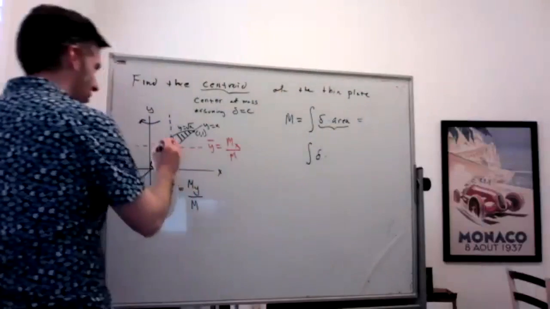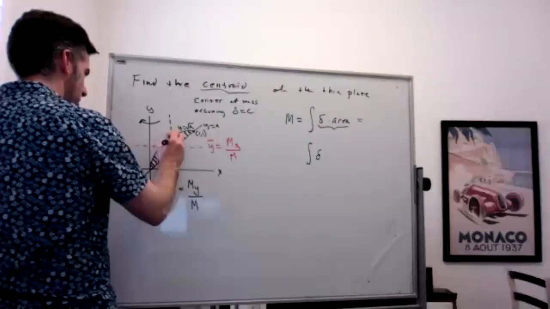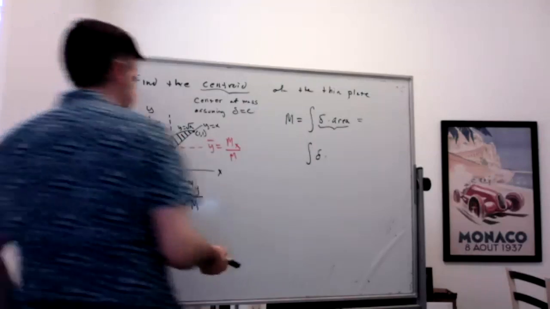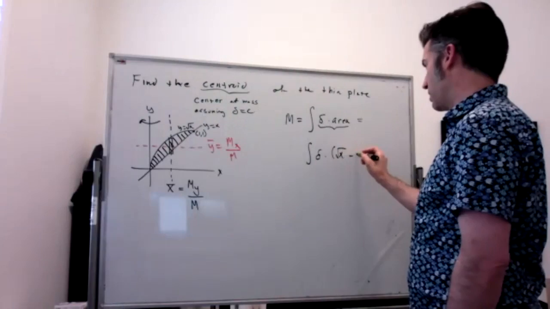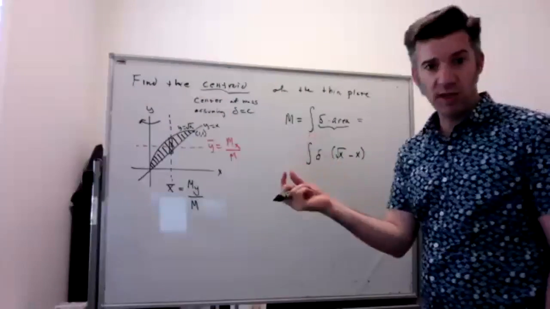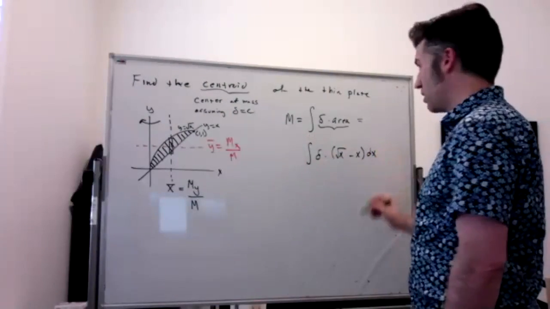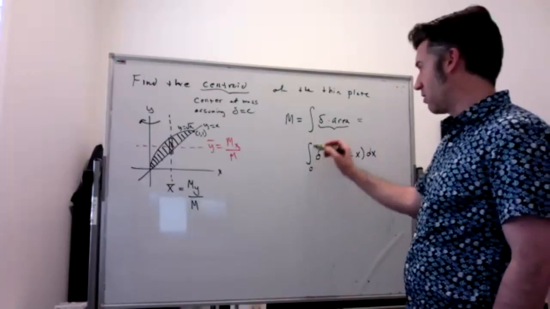If I use a vertical strip, the area of that strip is going to be the top function minus the bottom function times the width of that strip, which is dx, from left at 0 to right at 1.